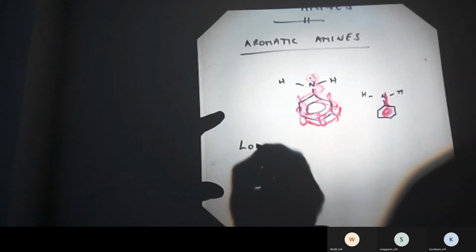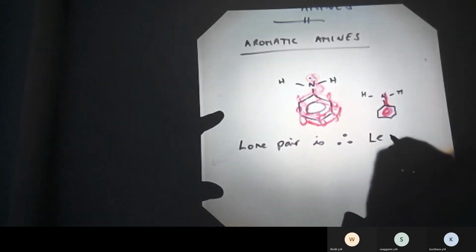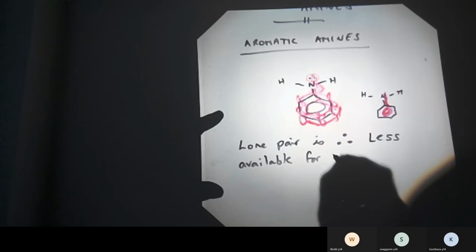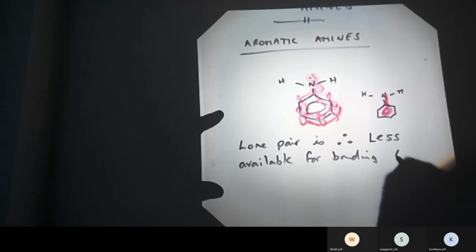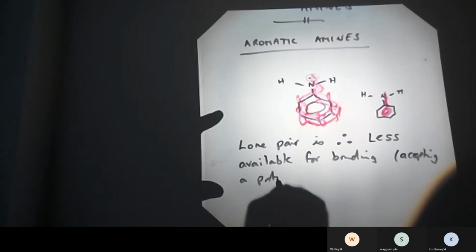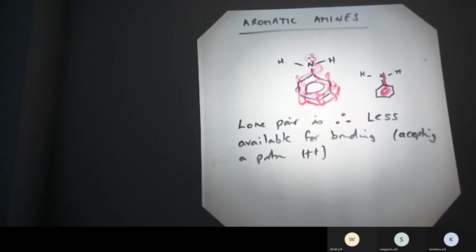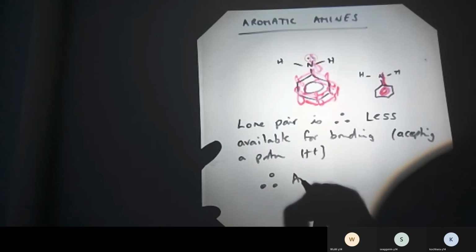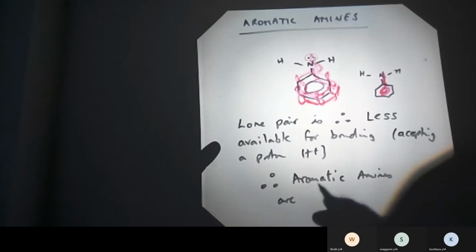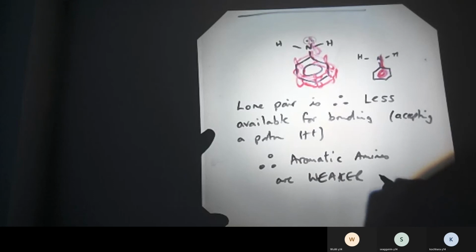The lone pair is therefore less available for bonding, such as accepting a proton, etc. So if it's less available for bonding, such as accepting a proton, therefore aromatic amines are weaker. They are weaker weak bases.